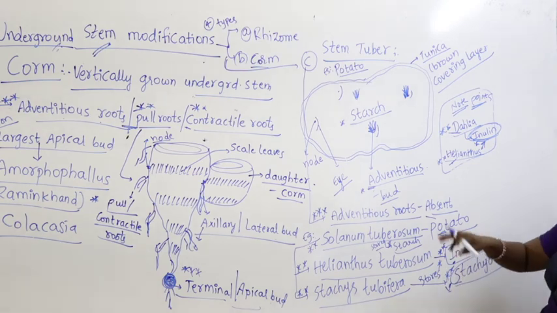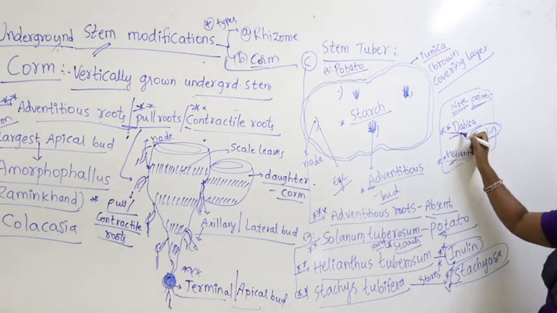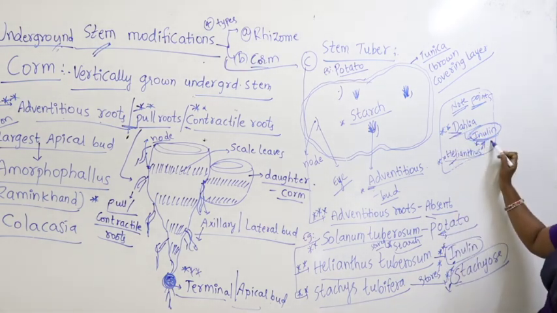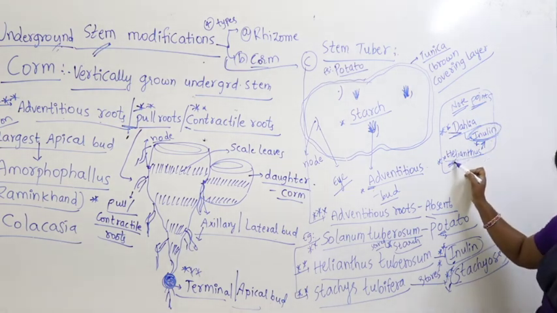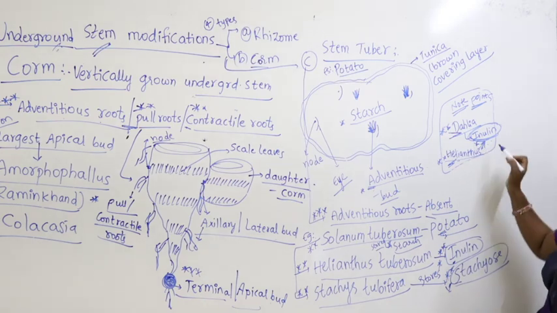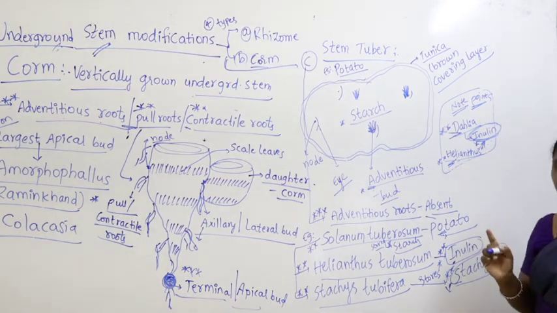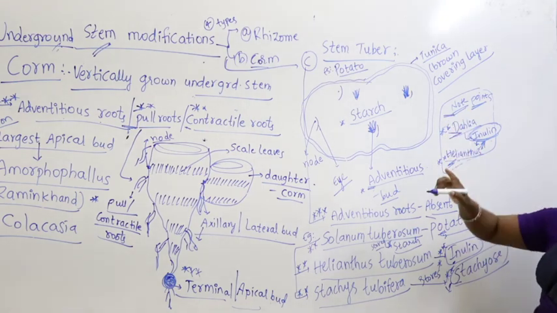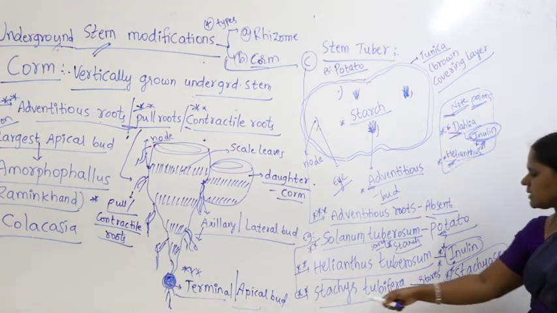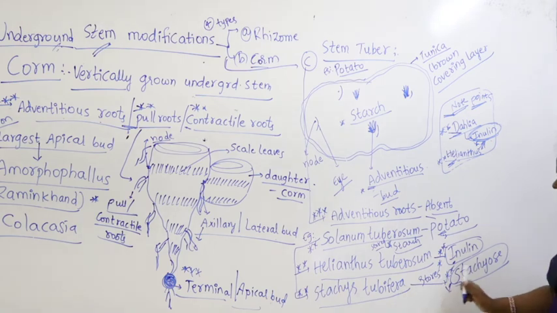If you recollect, in root modifications you studied dahlia. Dahlia also stores inulin. Important note point: Helianthus, a stem modification tuber, also stores inulin. Very, very important. Common points you need to recollect and put under note points. And Stachys tubifera stores a sugar called stachyose.